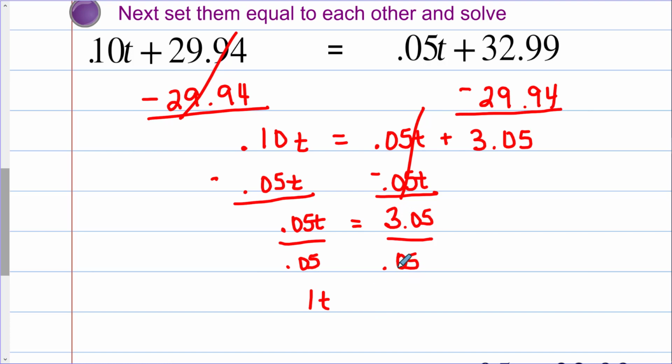And 3.05 divided by 0.05 is equal to 61. So t is equal to 61. That means if I plan on sending 61 text messages, it really wouldn't matter which plan I decided to go with because it will equal the same amount.